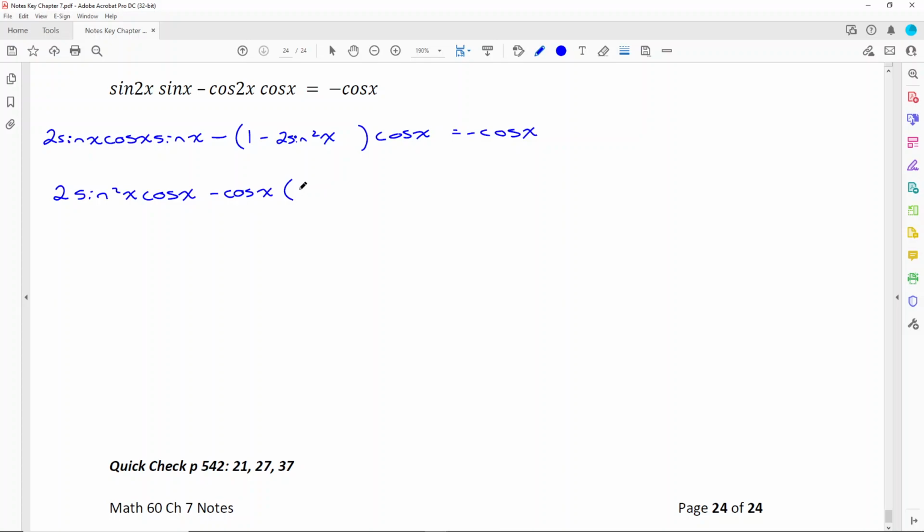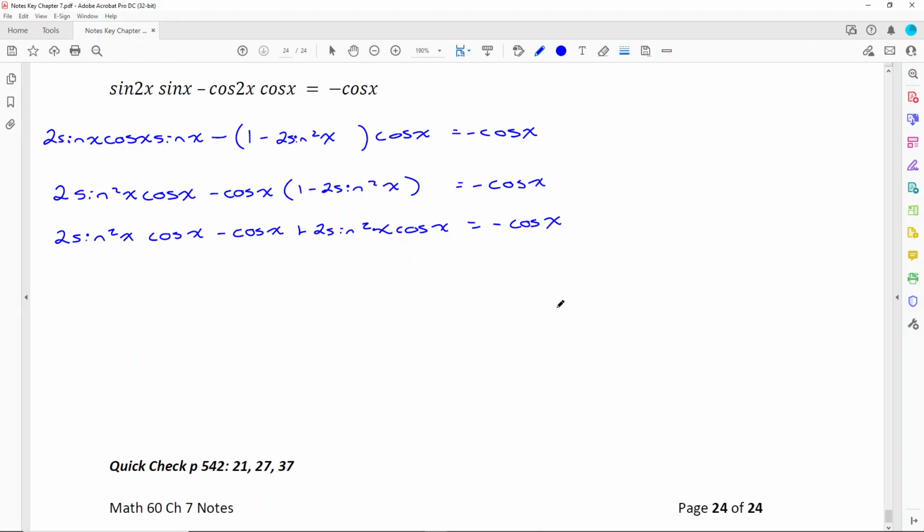I'm going to distribute negative cos x through the bracket. Okay, so I get 2 sine squared x cos x minus cos x plus 2 sine squared x cos x. Feeling like I made the right decision, equals negative cos x.